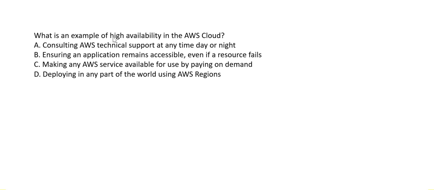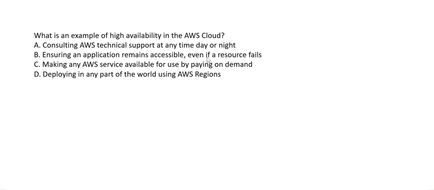Let's look at this one. What is an example of high availability in the AWS cloud? Consulting AWS technical support at any time. This is high availability of the technical staff. But in the question we are talking about the AWS cloud infrastructure's availability. So A is wrong. B says ensuring an application remains accessible even if a resource fails.